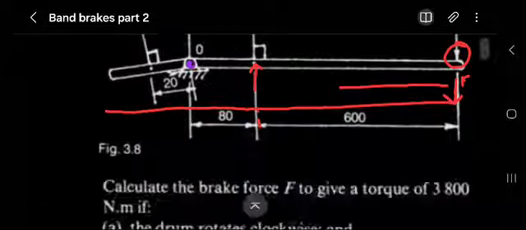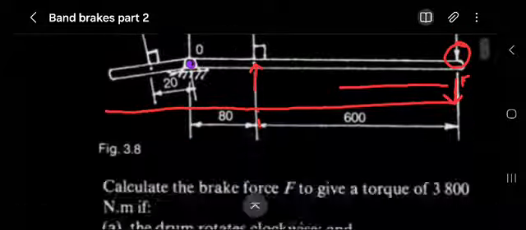is 600 millimeters, the same as 0.6 meter. All right, that is the distance there until there. Then here we have a pivot, where it's fixed. The distance from there until there will be 0.08 meter, right?